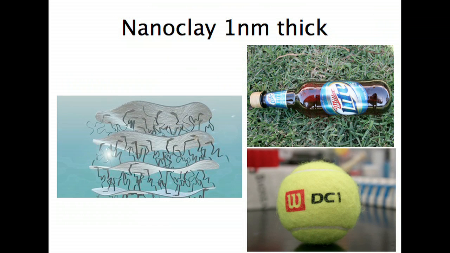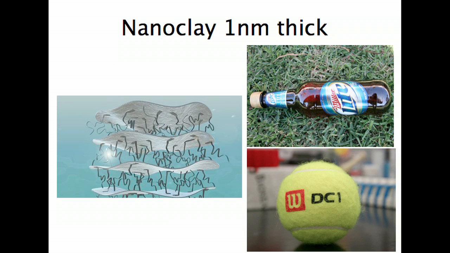Another place you'll find nanoparticles are in things like plastic beer bottles or in tennis balls, where a material called nanoclay is used. The nanoclay are these sheets of material, only several nanometers thick, that are put into the plastic or into the surface of the tennis ball.